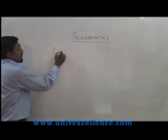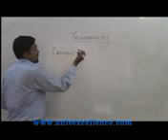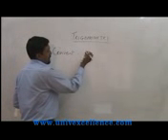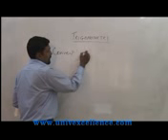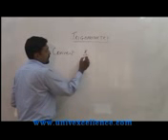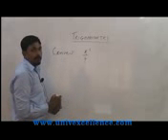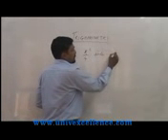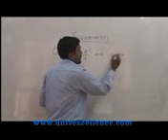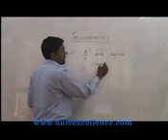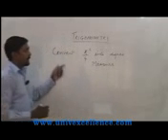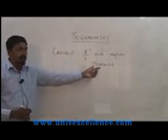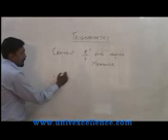Question is, convert pi upon 4 radian into degree measure. So what we do?